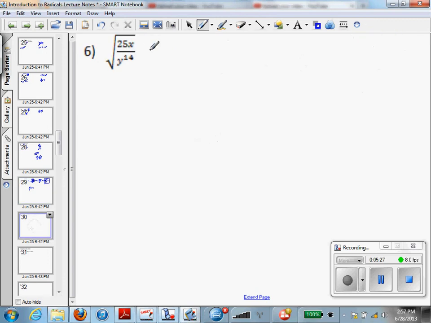Looking at number 6, let's break this down as we did before. Instead of having the square root of 25x over y to the 14th power, let's break it into square root of 25 times the square root of x on top, and on the bottom, square root of y to the 14.